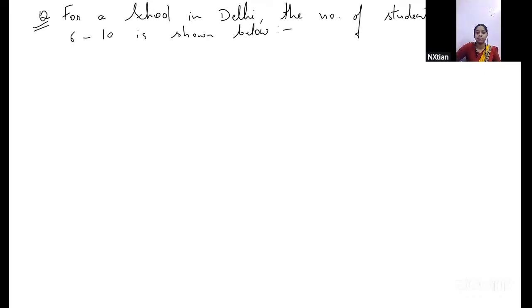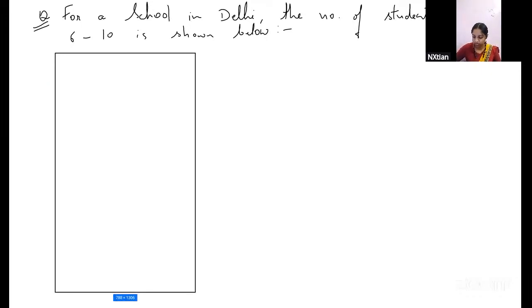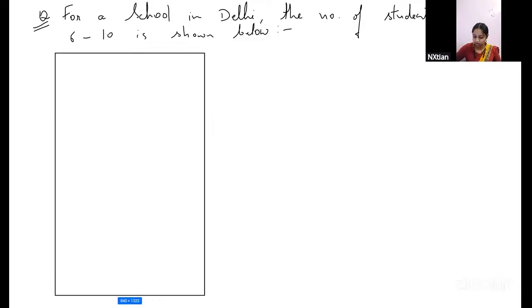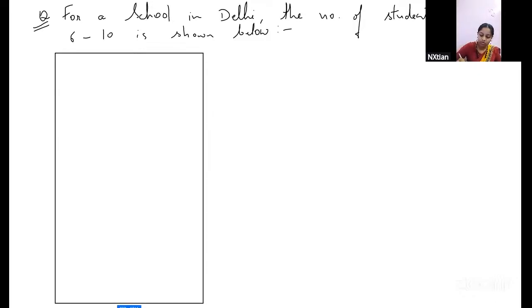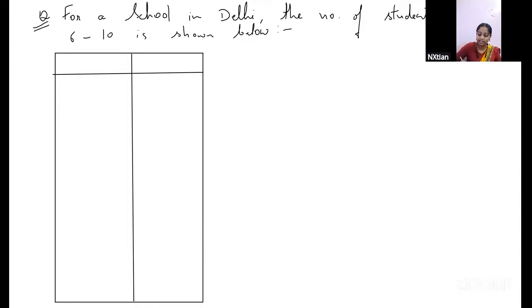Make a table with two columns, one class and one number of students.